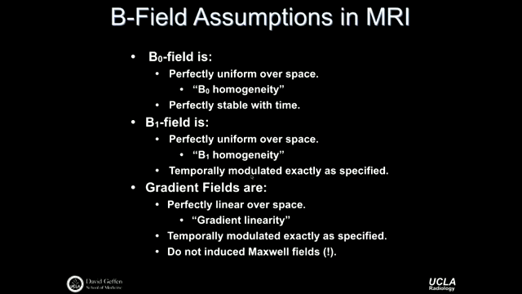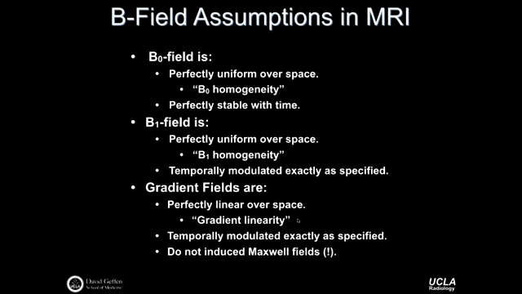These fields are temporally modulated exactly as specified, meaning that we choose an envelope function and the system executes that envelope function, not some variation from there. The gradient fields, we assume, are perfectly linear over space, and we refer to this as so-called gradient linearity. The linearity showed up in that we just had gradient vector dotted with spatial position.